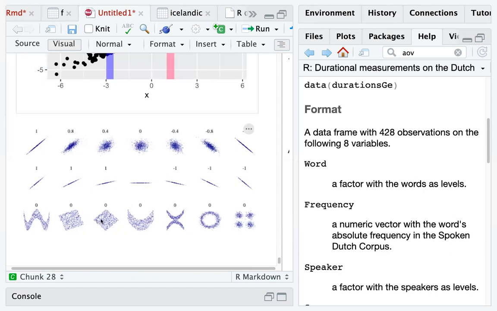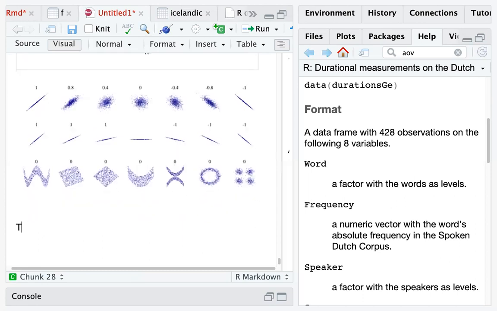But the covariance is zero. Why? Because you see here, there are the same amount of points in each direction. You can compute it; somebody computed it and the covariance is zero. But they are not at all independent.